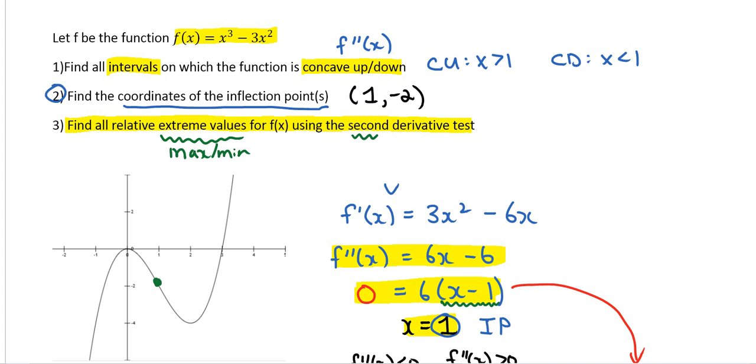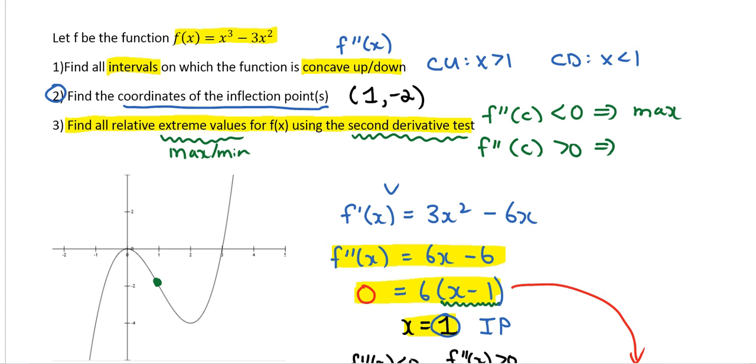If we want to use the second derivative test, then if the second derivative at my critical number is negative, that implies I have a maximum value here. And if my second derivative at my critical number is positive, then I will have a minimum point at x equals c.